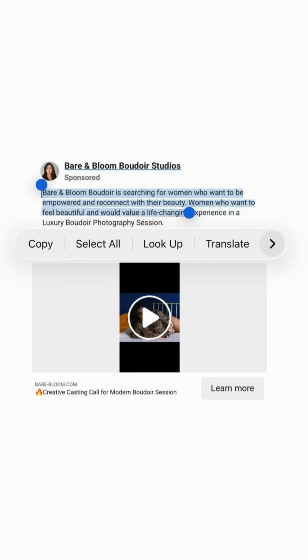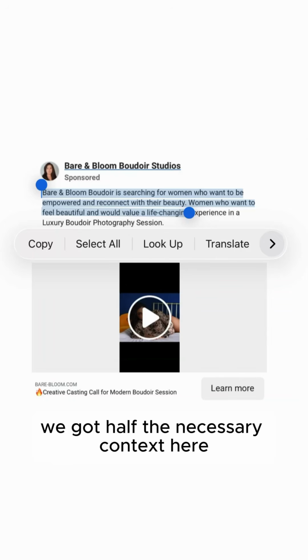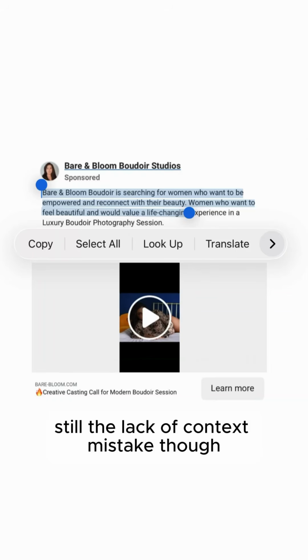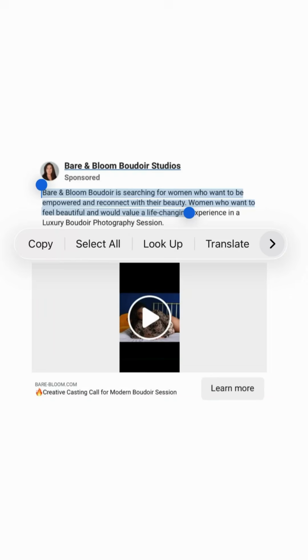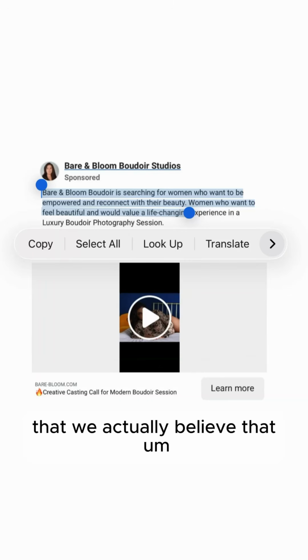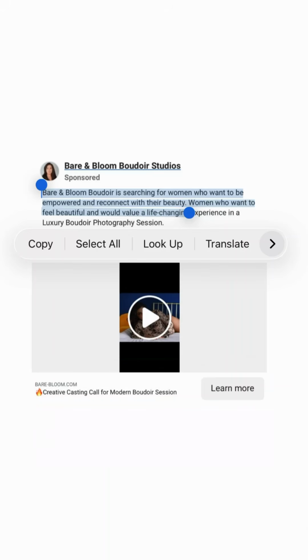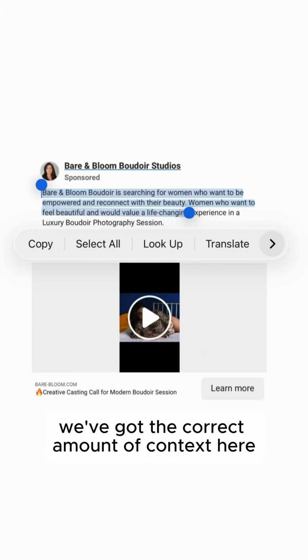All right, so yeah, we've got half the necessary context here. Still the lack of context mistake though. The false belief that caused us to make this mistake is that we actually believe we've got the correct amount of context here.